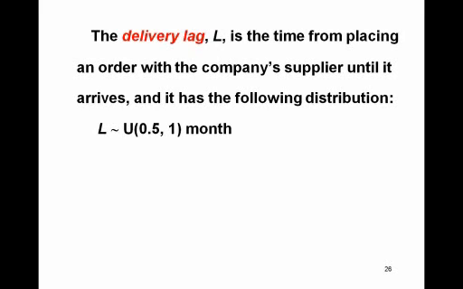Here we're going to assume that the delivery lag is distributed as a uniform random variable on the interval 0.5 to 1 month. Every value between 0.5 and 1 month is equally likely. In the real world, it's likely not to be uniform over that range, but for simplicity's sake, we'll assume uniform is correct.